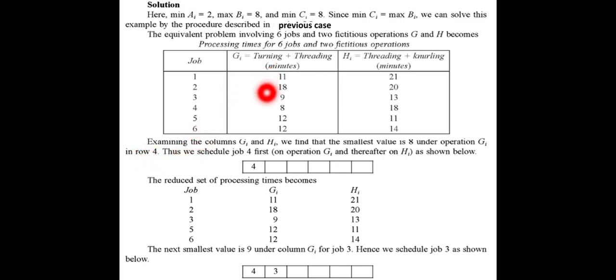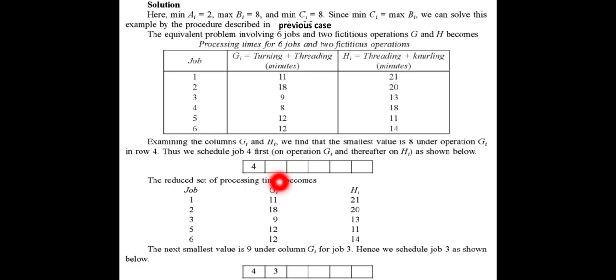Examining the processing times of G and H, we observe that the minimum time corresponds to the column G. Hence, job 4 is sequenced first. Since it comes to the first column, it is sequenced to the left side of the blocks.